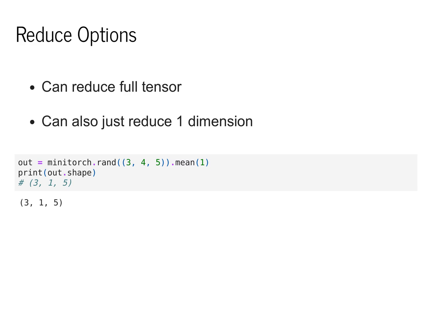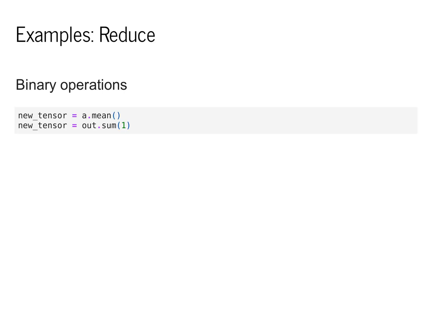That's because we reduced a dimension of shape 4 down to a dimension of shape 1. One thing to be a little bit cautious about is that in MiniTorch, we keep the dimension that we reduced. In Torch and NumPy, the default behavior is to remove the dimension entirely. You can turn that behavior off in Torch, and I generally find it beneficial to do so. As I mentioned earlier, there are two ways that we can apply reduce.